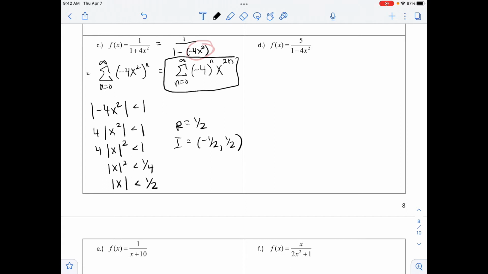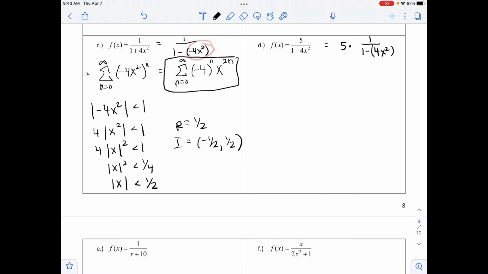Part D, right next to this one, says f of x equals 5 over 1 minus 4x squared. So very similar to what we just did. However, we do have a 5 in the numerator. And so to deal with that, we're just going to say 5 times 1 over 1 minus 4x squared.